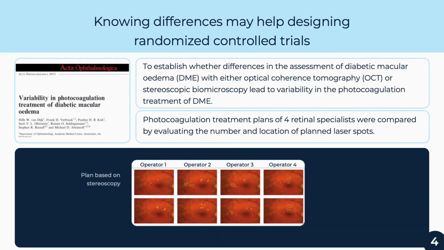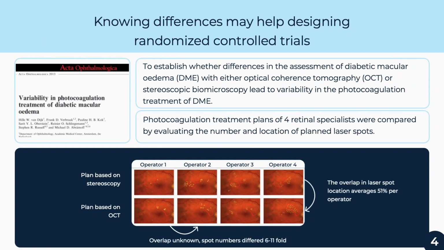If you look at the literature, by now it is established that knowing the differences in laser planning will help us to design better randomized treatment trials. As shown in this paper, where they evaluated the variability for continuous wave laser for diabetic macular edema, they found that there were a lot of differences between 4 retina specialists about laser planning for diabetic macular edema.